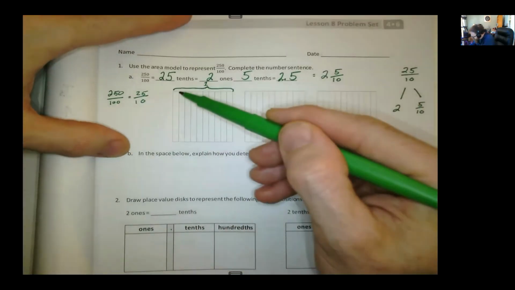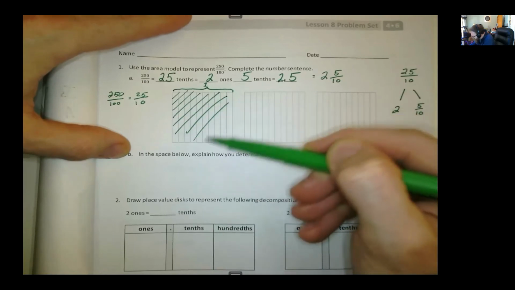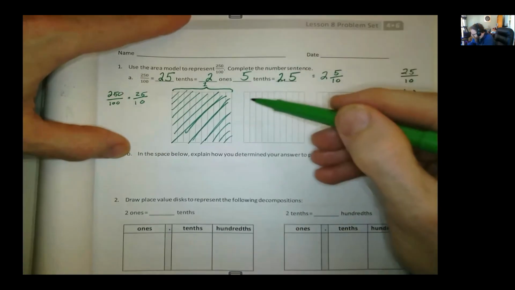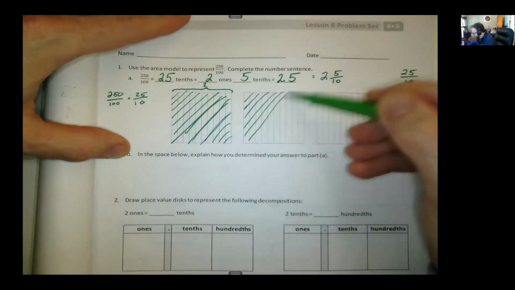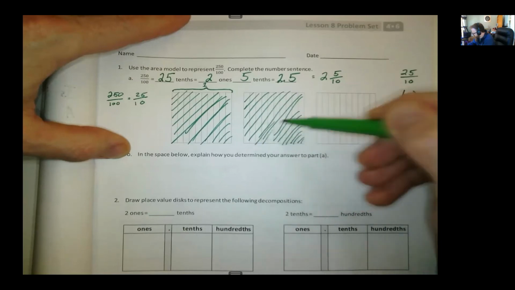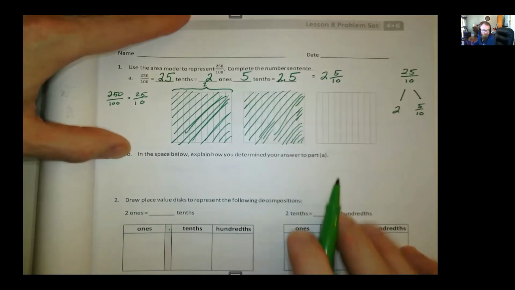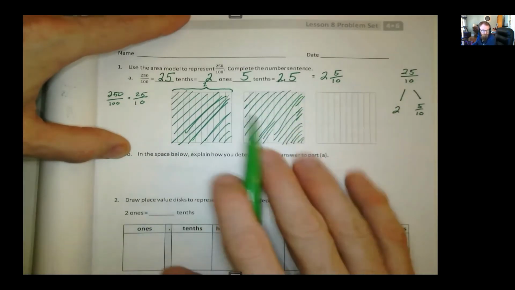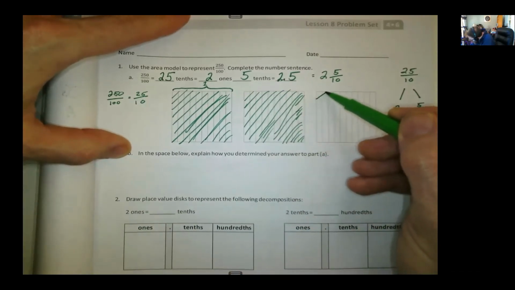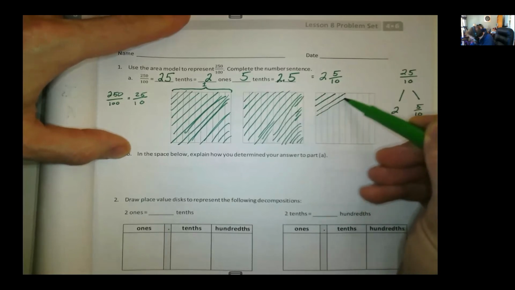Let's show that by shading 2 whole area models with diagonal lines, nice and neat. Shade in the whole thing. Make sure that anybody who looks can see that you have shaded in 10 tenths of each of these wholes. Now we need to shade 5 tenths in our last area model. Very carefully count and make sure to shade exactly 5 tenths.